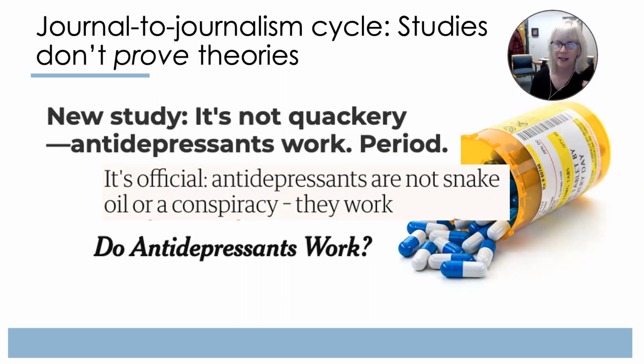The second one says antidepressants are not snake oil or a conspiracy, they work. And the final one asks, do antidepressants work? And you might stop and think about which of the three a psychologist or other scientist would like best, and why?